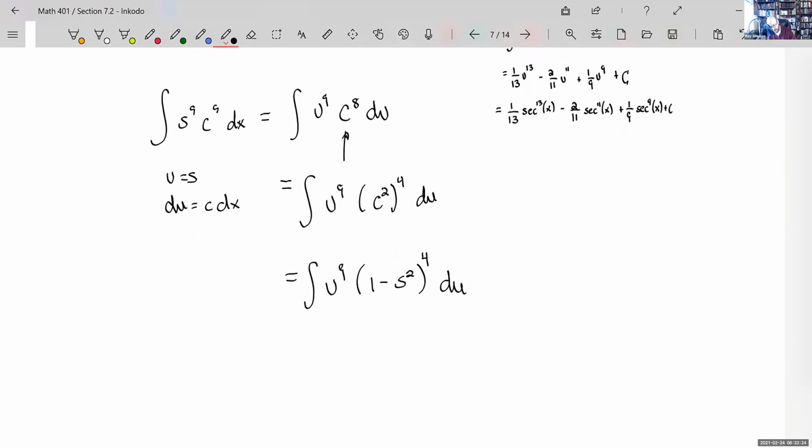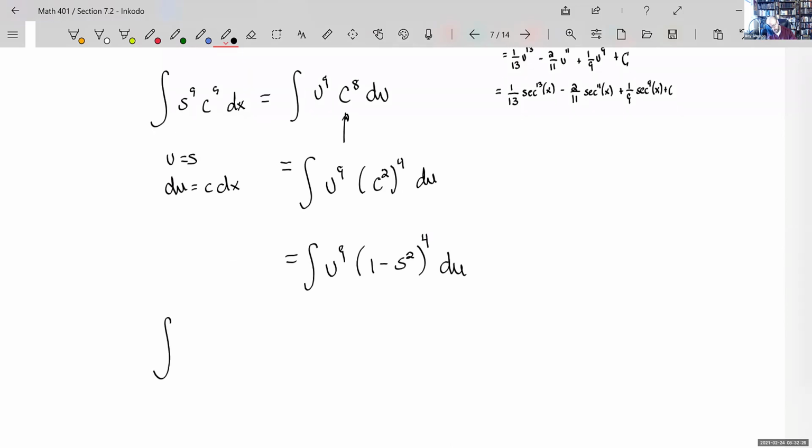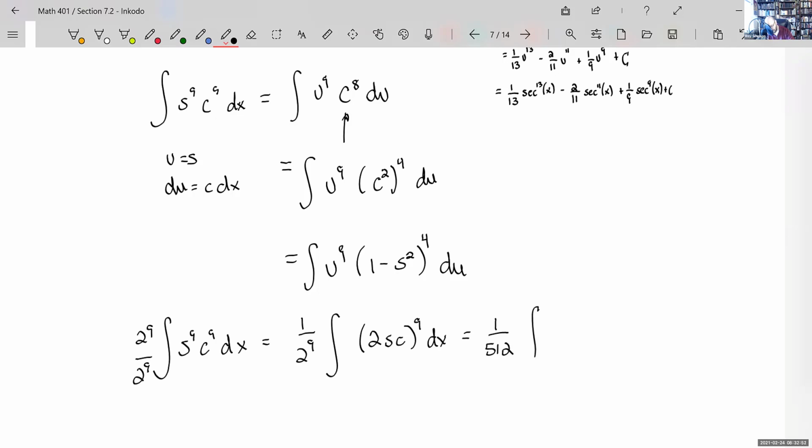So the question is, could you do that same trick, the double angle identity, for that? 2 to the 9th over 2 to the 9th, sine to the 9th, cosine to the 9th dx would be 1 over 2 to the 9th integral of 2 sine cosine to the 9th dx. And no, I wouldn't actually. 1 over 512 integral sine to the 9th of 2x dx.